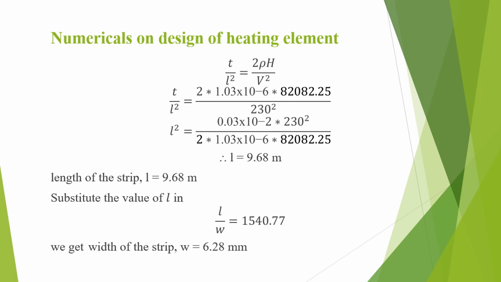Substituting for the known terms t, rho, H and V square, we get L square equal to 0.03 into 10 to the power minus 2 into 230 square by 2 into 1.03 into 10 to the power minus 6 into 82,082.25. Therefore, L is equal to 9.68 meter, that is, the length of the rectangular strip is 9.68 meter. Substituting the value of L in the equation L by W equal to 1540.77, we get the width of the strip W as 6.28 millimeter.